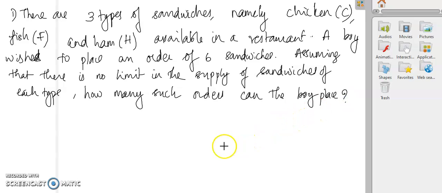So here there are three different objects. So let us see the solution.